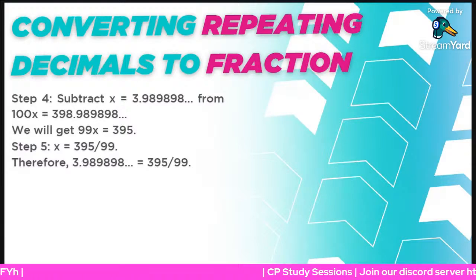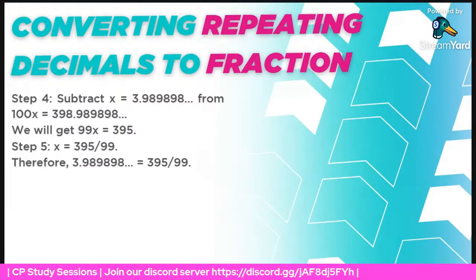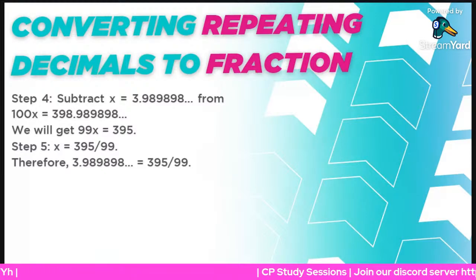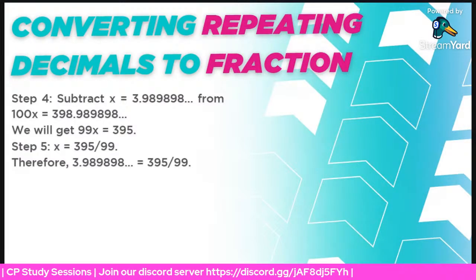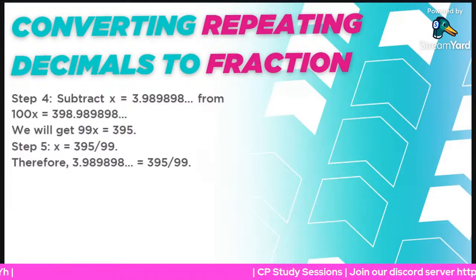And then, step 4 na, we have to subtract x from 100x para makuha natin ang 99x, para makakuha tayo ng equivalent fraction niya. So, 100x, which is 398.989898 minus 3.989898 is, we will get 395.